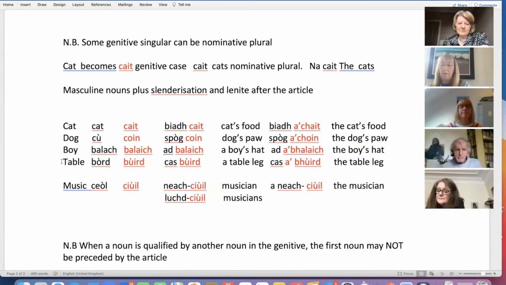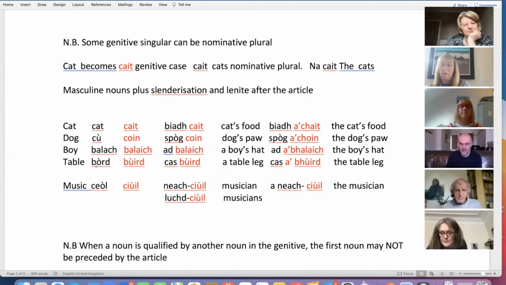Tom, try this one. Table, leg. Cas bùird, a table leg. Cas a' bhùird, the table leg. That's very Lewis Gaelic, okay?